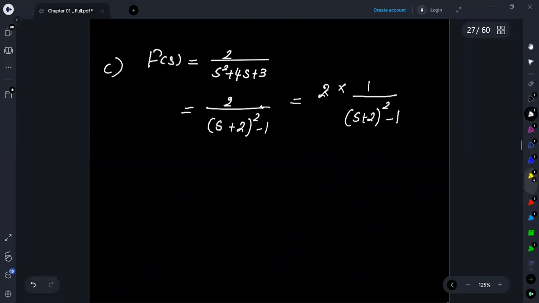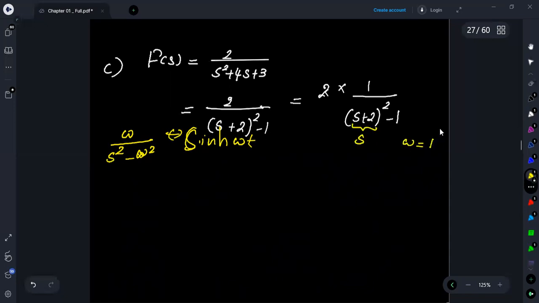So if some function appears as omega over s squared minus omega squared, the respective inverse Laplace transform is sinh omega t. And if we compare these two results by just considering this as s, we can see that the value of omega is 1.